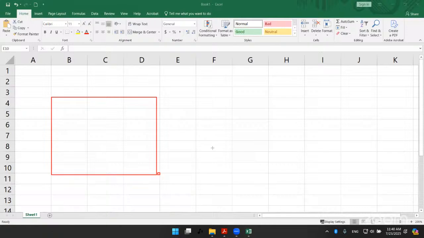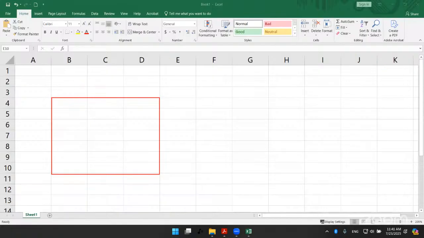We are going to use the first cell, the top left cell.